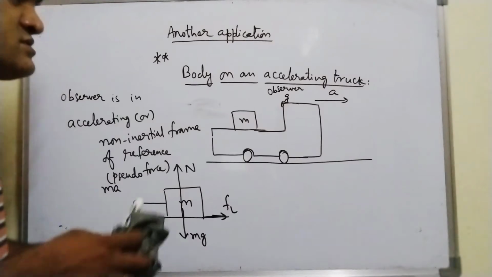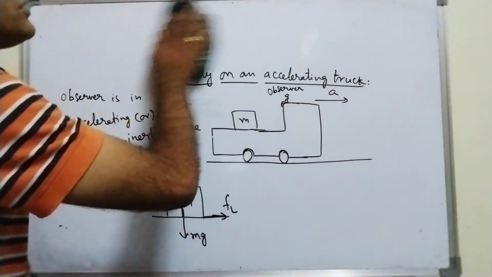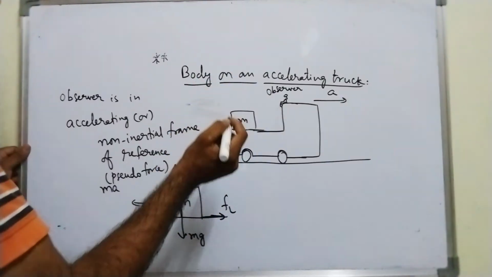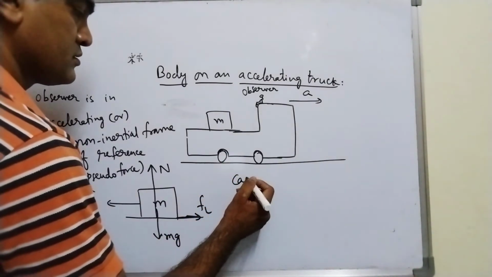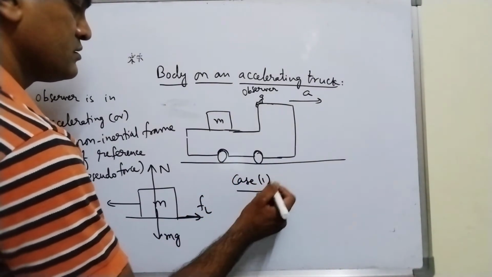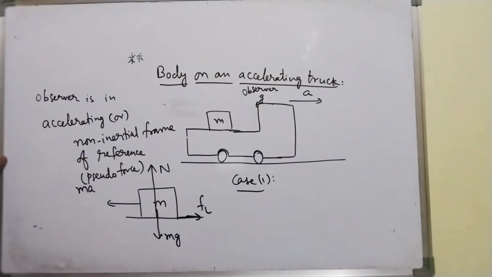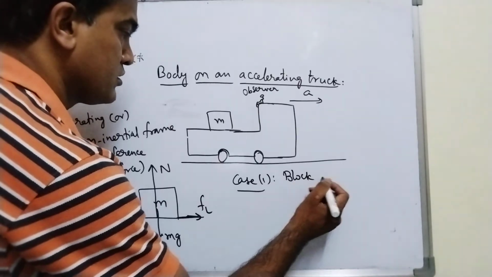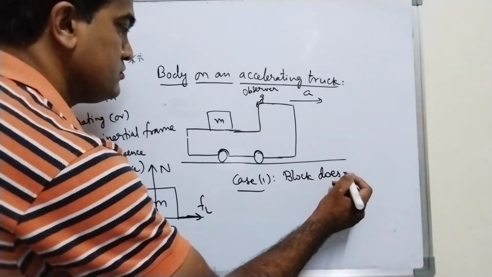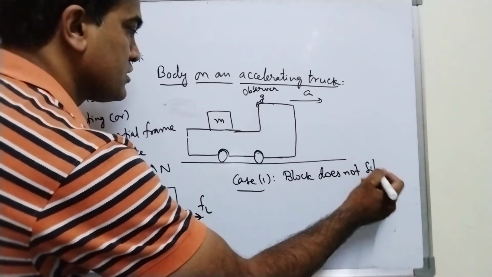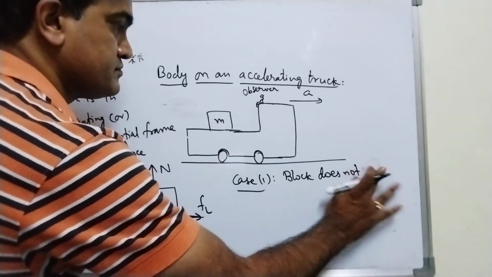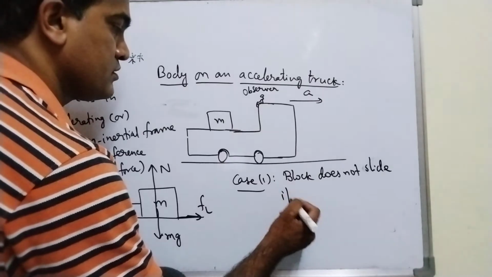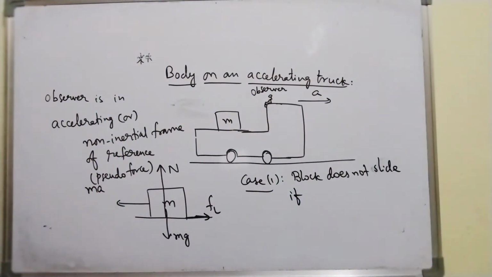Now here we will discuss case 1. What is case 1? Case 1 is for this diagram. Okay, let me write here. Case 1: the block does not slide. When does the block not slide? What is the condition?